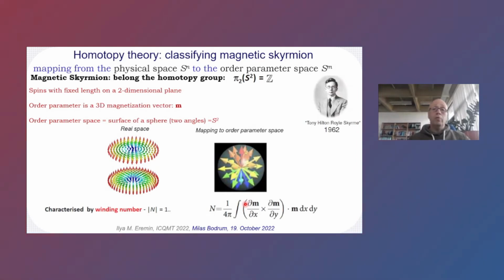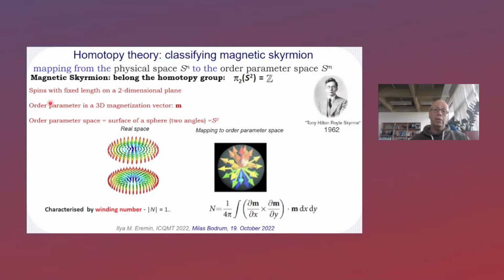Let me just remind those of you who are not working in the field of skyrmions that this is a topological texture that can be characterized by a particular homotopy group, which is basically mapping physical space spin orientation to the order parameter space.